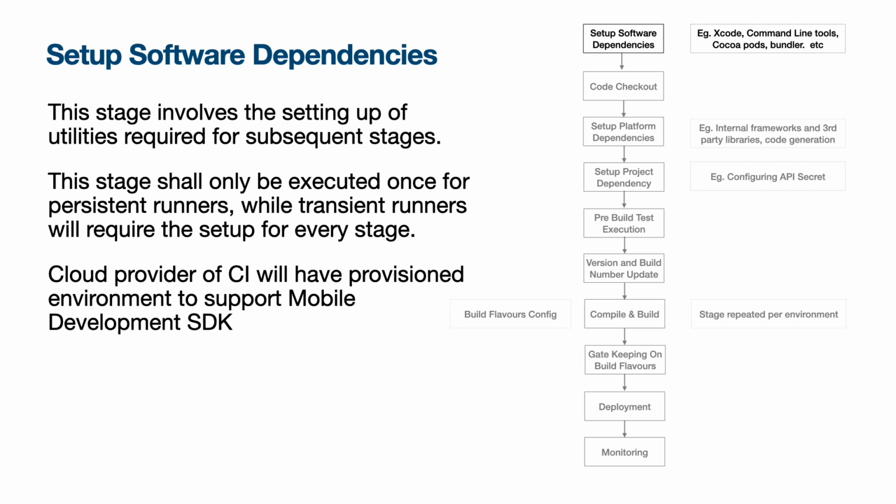This stage involves setting up the utilities required for subsequent stages. For example, the project uses CocoaPods, and CocoaPods is a dependency manager for iOS. Installing CocoaPods could be one of the tasks in the stage.